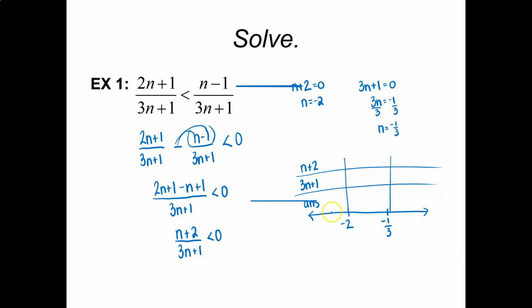So if I plug in something like -3, negative, but something like -1, give me a positive, so I'll get positives there. -3 would give me a negative here. -1 would still give me a negative, but then something like 0 would give me a positive there. So we'll end up with positive, negative, positive for this one.